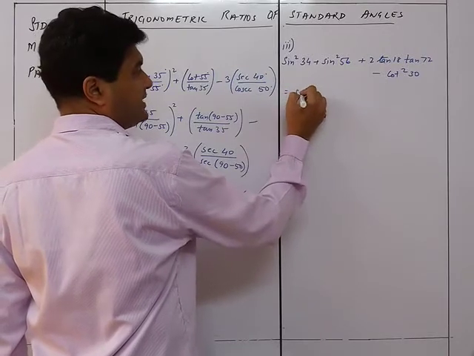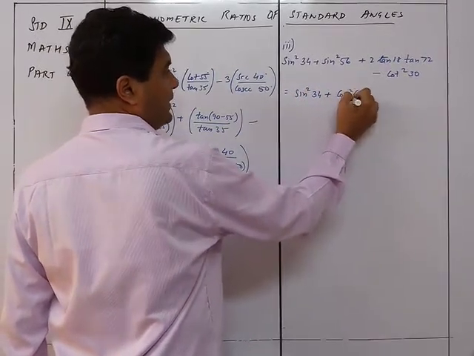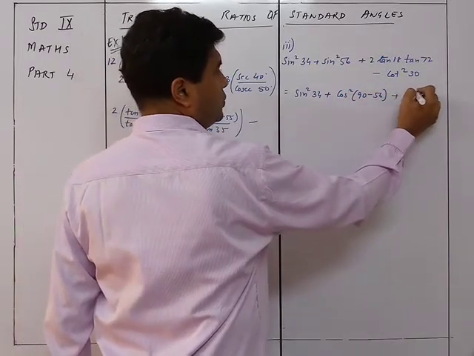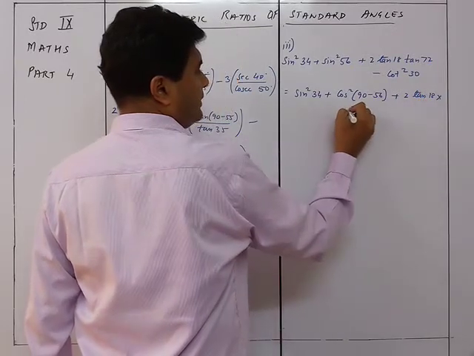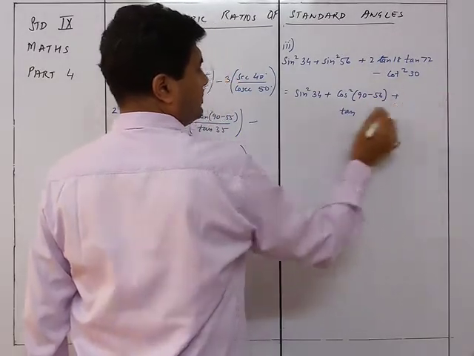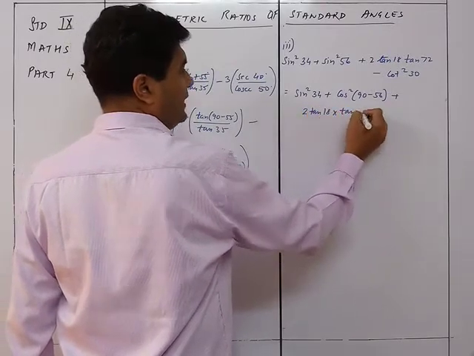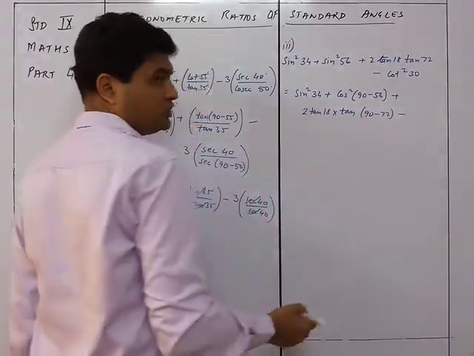So we say sine square 34 plus cos square 90 minus 56 plus 2 tan 18 into tan 90 minus 72 minus cot square 30.